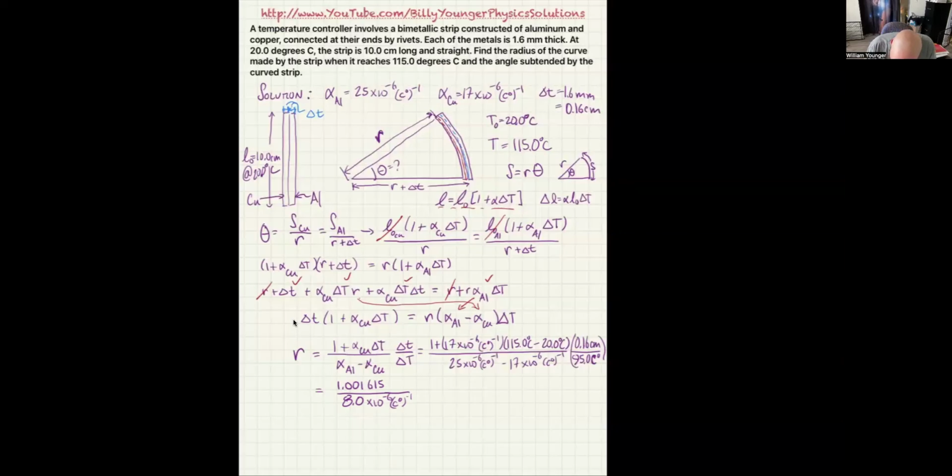I should also take a second to mention that when I multiply the 17 times 10 to the negative 6 reciprocal Celsius degrees times the 95.0 Celsius degrees, that gave me a unitless number, but that unitless number was really only allowed to have 2 sig figs, which meant the 1 and the 6, after the 0.00, were the only two that were significant.